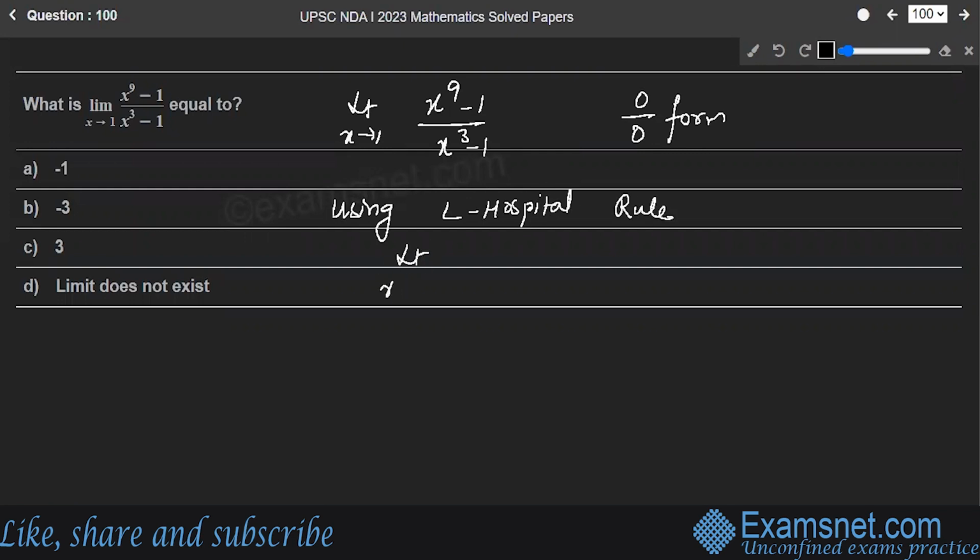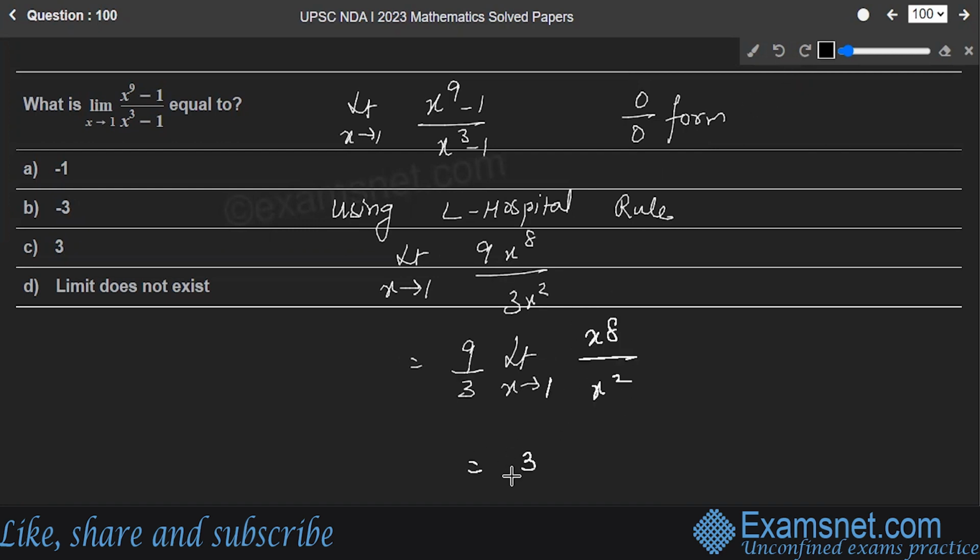That is limit x approaching 1, 9x raised to power 8 upon 3x square, which is equal to 9 by 3 limit x approaching 1, x raised to power 8 upon x square, which will be equal to 3. So that means we have option C as the answer, right?